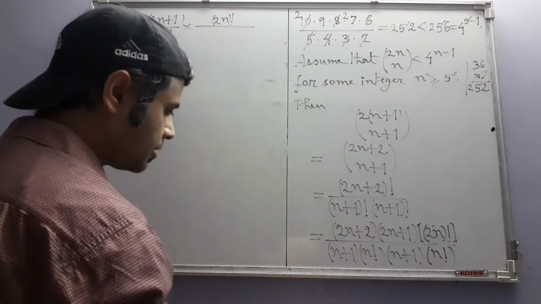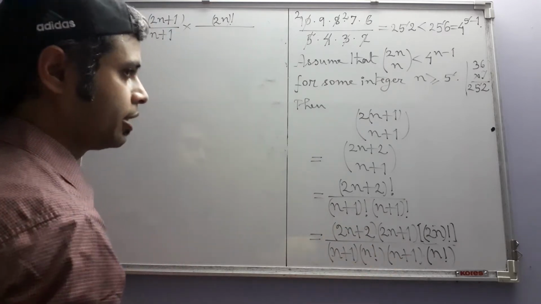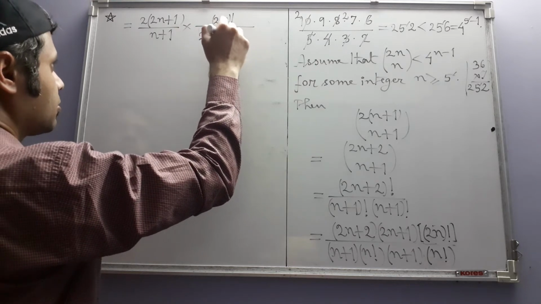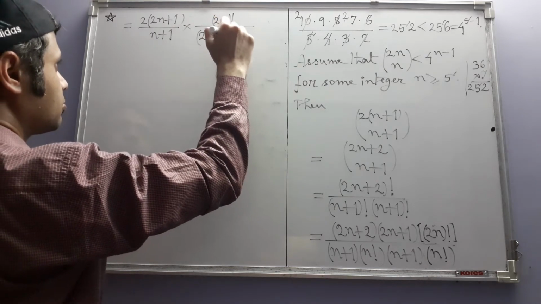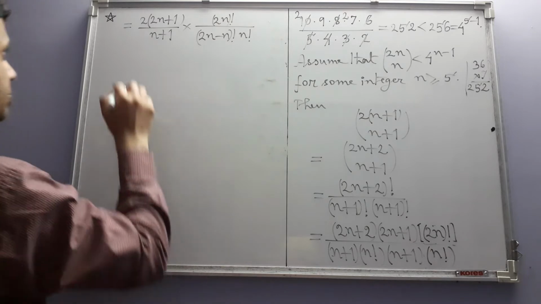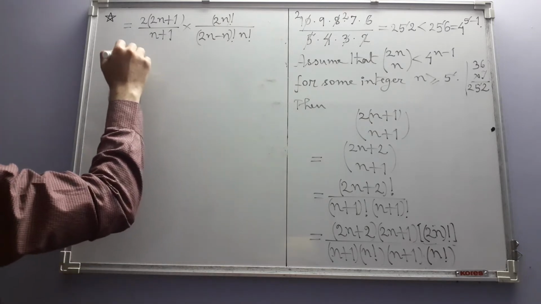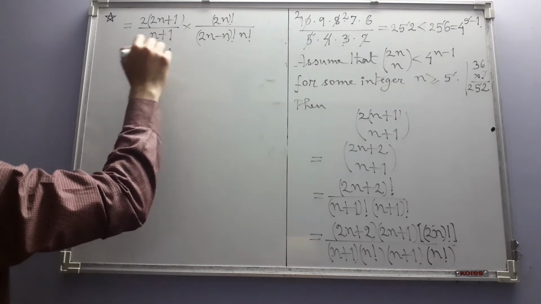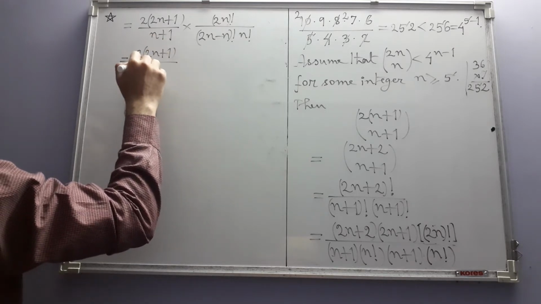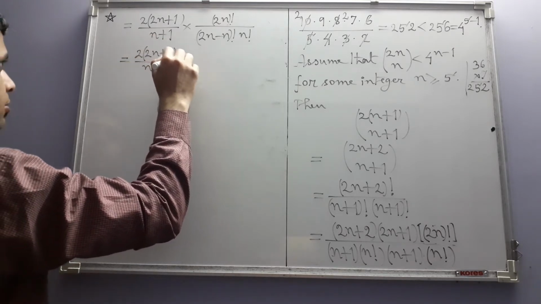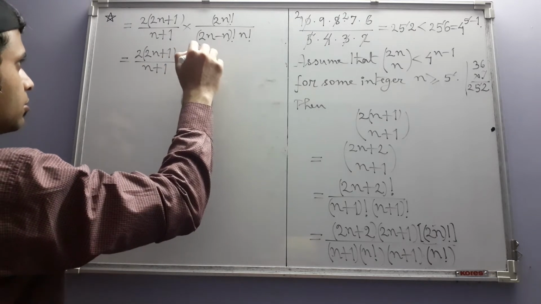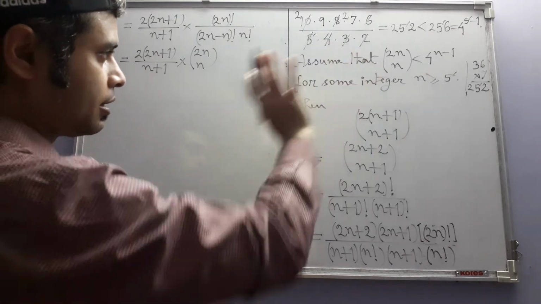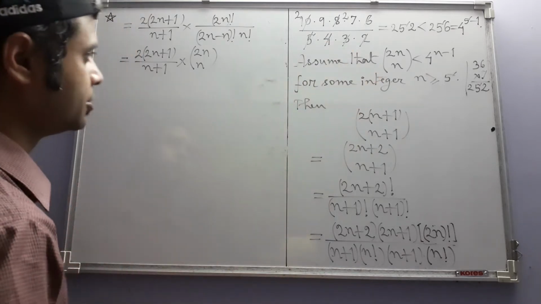Now in the denominator we have 2n factorials, which we can write like this. So that means 2 times 2n plus 1 divided by n plus 1 times 2n choose n.